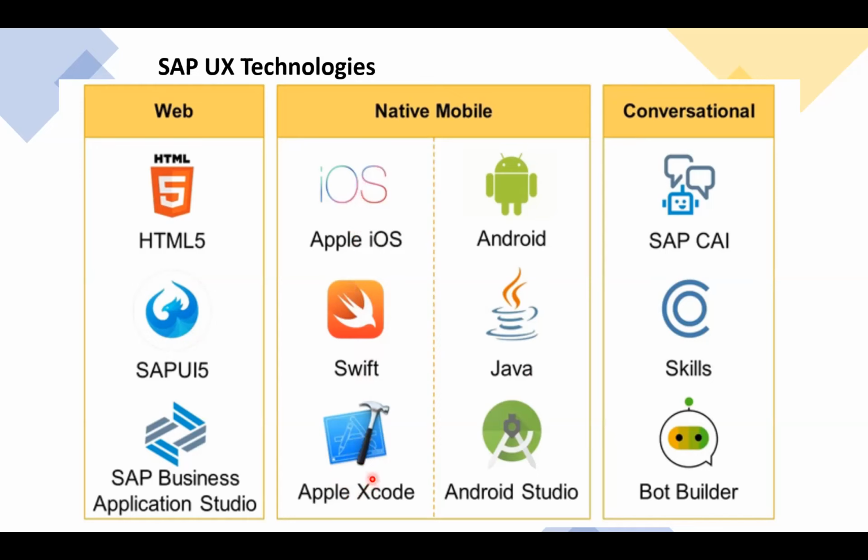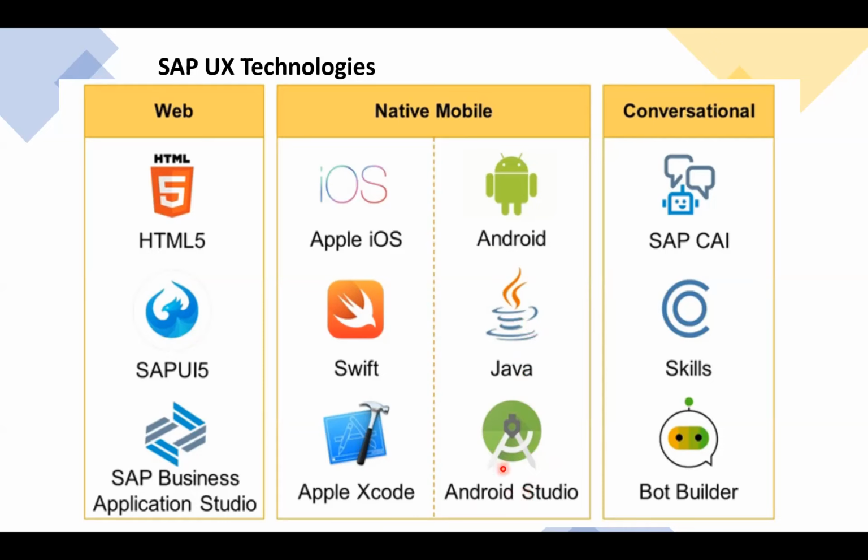But this is not the only one. SAP has its own iOS development kit available in the SAP tooling kit, and that can be imported into SAP Business Application Studio, and from here it can be developed further. The same thing applies for building Android applications as well. Here again, there is the native mobile development kit for Android.